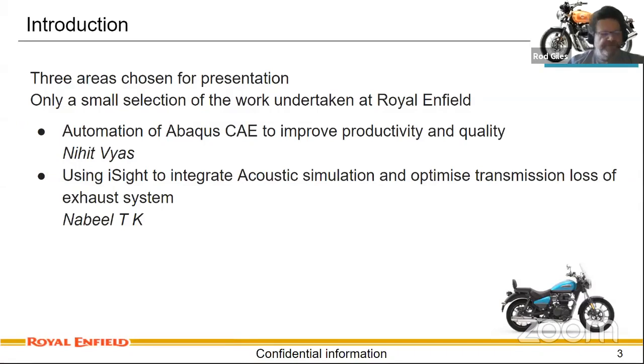So I've got two topics to talk about today regarding using automation. One is a project that we have done to look at the automation of the gearbox analysis, and that work has been carried out by Nihit.